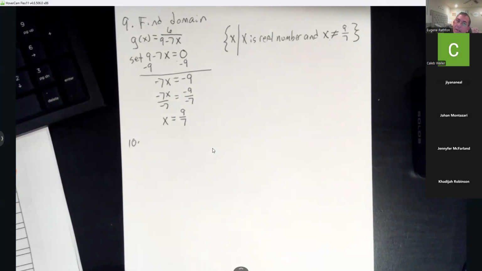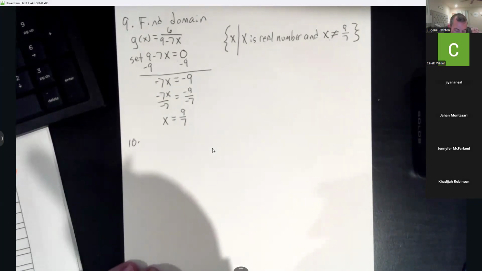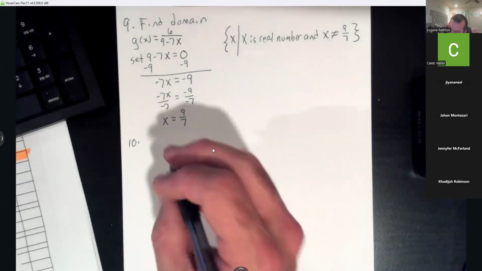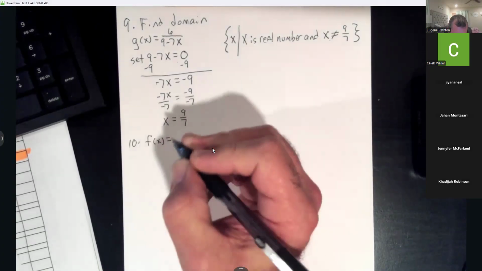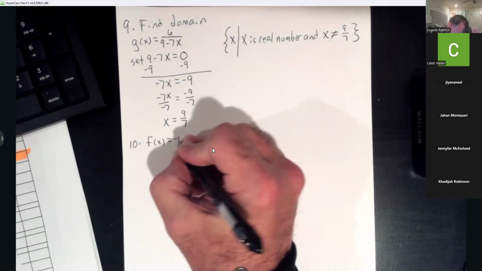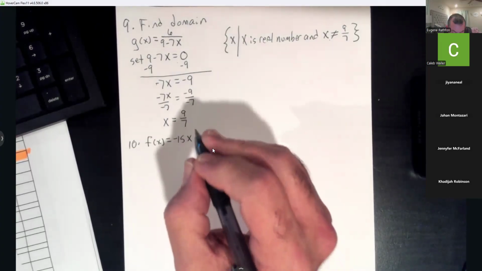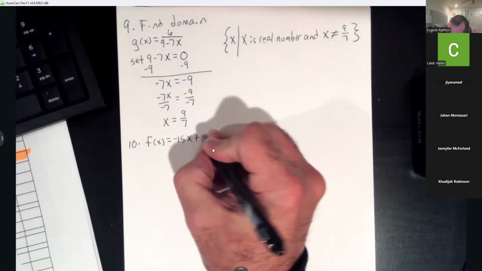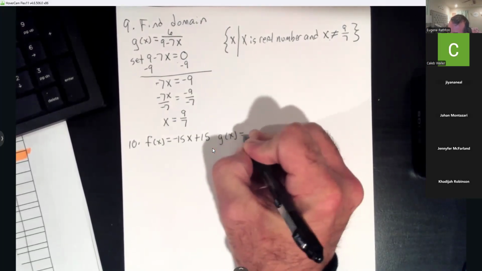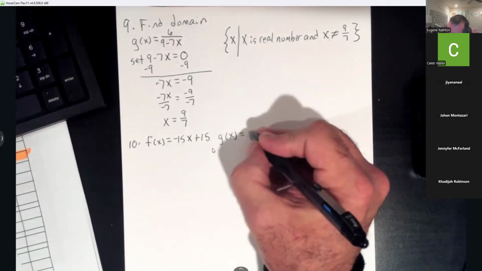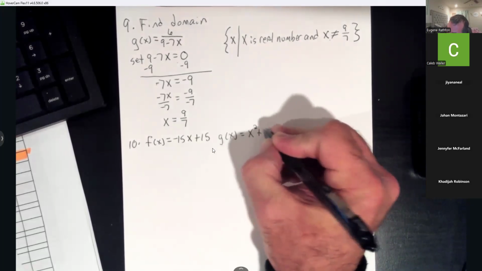All right, now we're getting into operations on functions. So we're going to let f of x equal negative 15x plus 15. G of x is going to equal x squared plus 2.